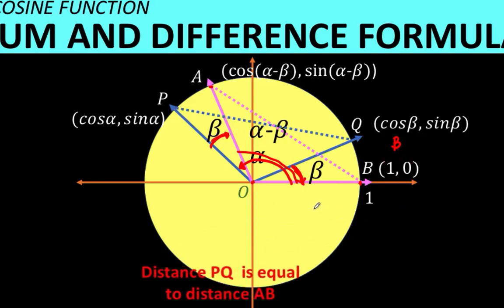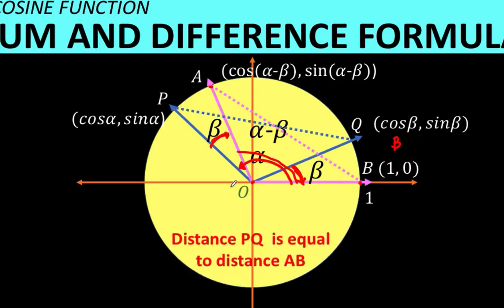And therefore, we can say that the distance PQ, which is the hypotenuse of the blue triangle, is equal to the distance AB, which is also the hypotenuse of the pink triangle. With this as our geometric construction, we are now ready to derive the difference identity for the cosine function.